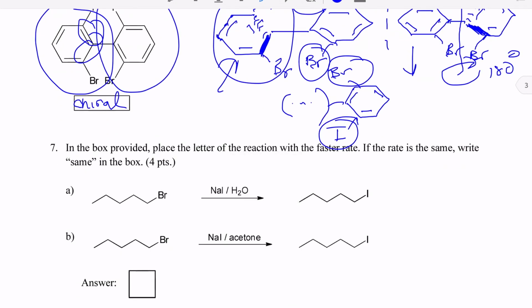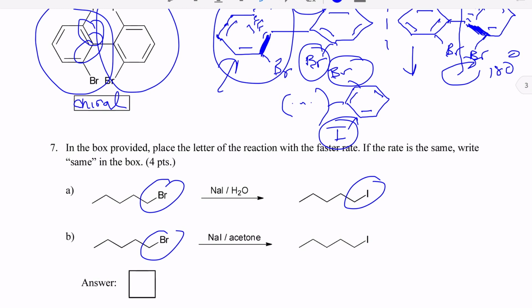For number 7, we are asked to place the letter of the reaction with the faster rate. And if the rate is the same, write the same in the box. So let's evaluate these two reactions. The first thing we can tell right away is that these two are substitution reactions, right?